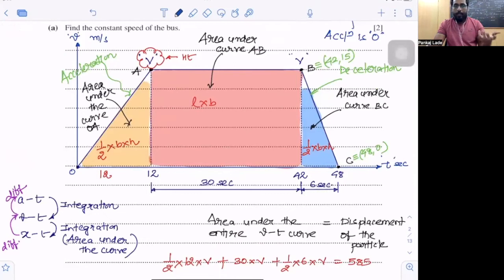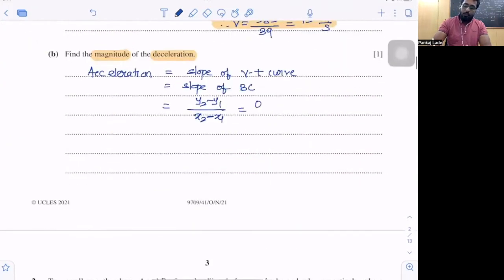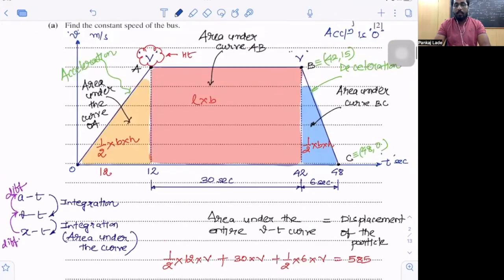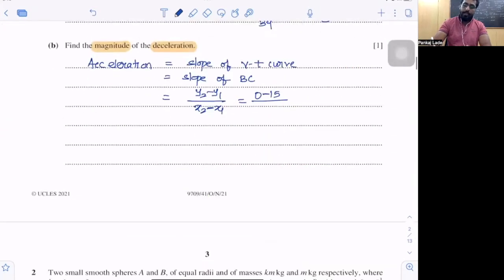So y2 minus y1, that's 0 minus 15, divided by x2 minus x1, so 48 minus 42. That gives me minus 15 divided by 6, which should give me minus 2.5 meter per second square.